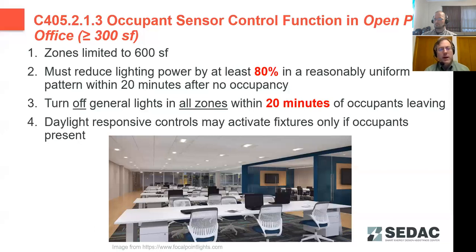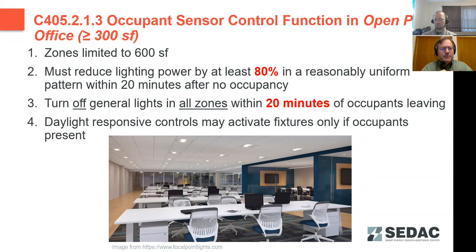The second way is if you want to have the step of 80 or 90% and then the remaining 10 or 20% turned off, then you'd need a system to interlink the different zones so that they can communicate when there are no occupants in any of the zones. Probably the easiest to install and easiest to commission would likely be the first version, where each zone is independent and controls all the lights in that zone.